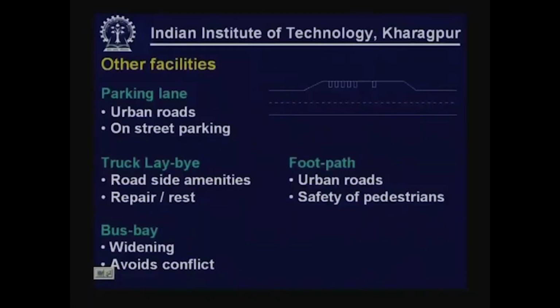There are other facilities which are required, like parking lanes. It is typical for urban roads. So, some extra width is provided so that particularly cars can be parked by the side of the road, but not encroaching that portion of carriageway which is supposed to be used for moving traffic.